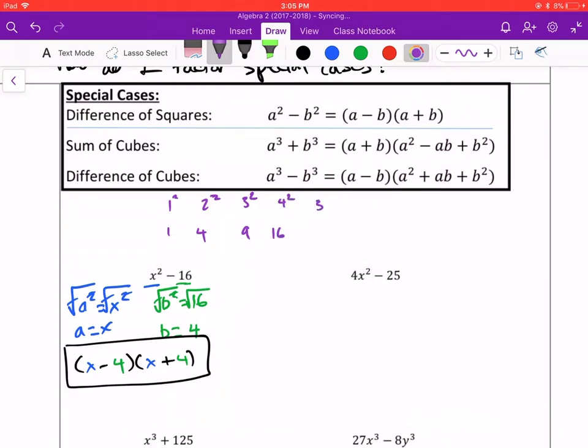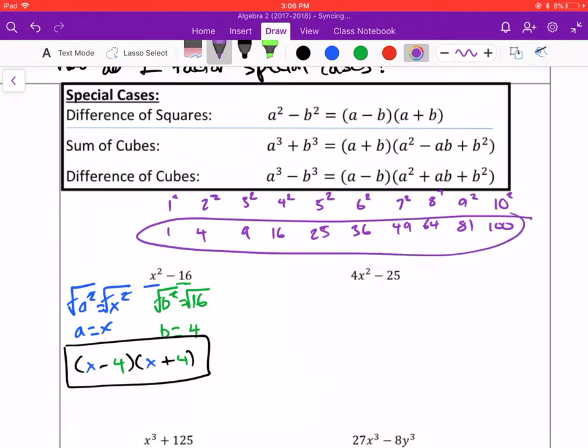These are numbers you should recognize, and if you see them, you can say it's a perfect square, it's a special case, and you can just write the answer without doing the math out. 8 squared is 64, 9 times 9 is 81, and of course 10 times 10 is 100. If you see those numbers, it may be a special case where I can just write the answer.